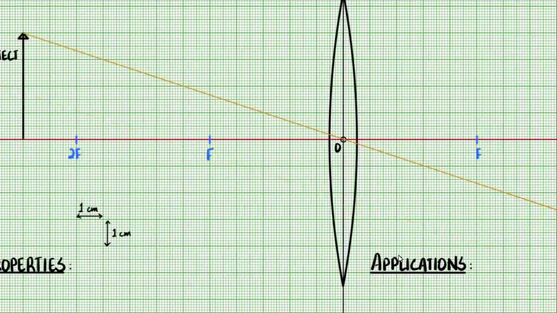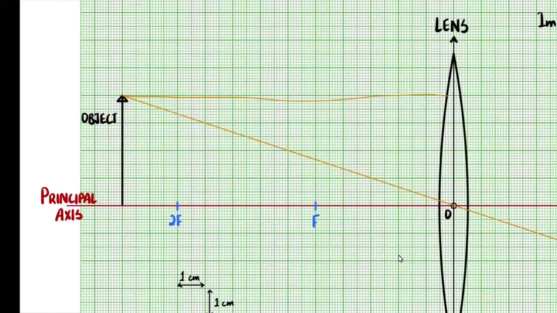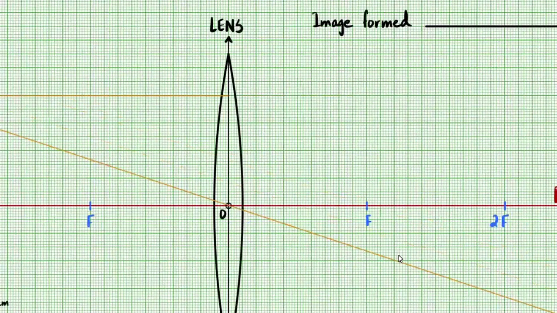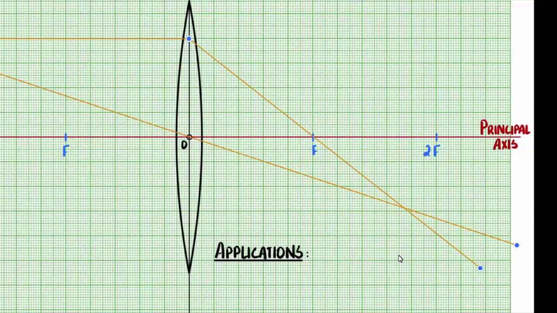This is ray number 1, then ray number 2. This ray parallel to the principal axis is going to get refracted through F, like this and this. All right. So this is how your ray diagram is completed.